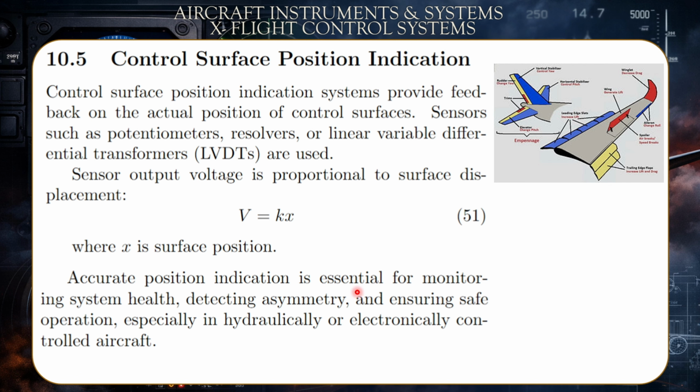Accurate position indication is essential for monitoring system health and detecting asymmetry, whether one elevator is moving further than the other elevator, or the ailerons, which are indispensable for the roll. One is moving erratically with respect to the other. So this is important so as to ensure safe operation, especially in hydraulically or electronically controlled aircraft.